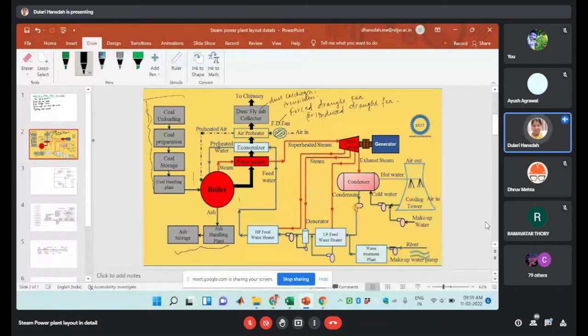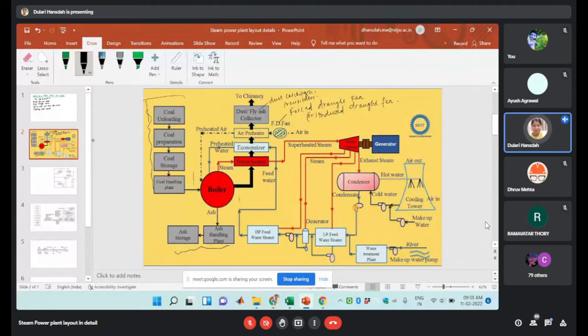So the exhaust steam from the turbine will enter the condenser, and the condenser will form the condensate by exchanging heat with the outside water, that is the cooling water. That cooling water circuit I'll discuss later on. Then it will go to the low pressure feed pump.